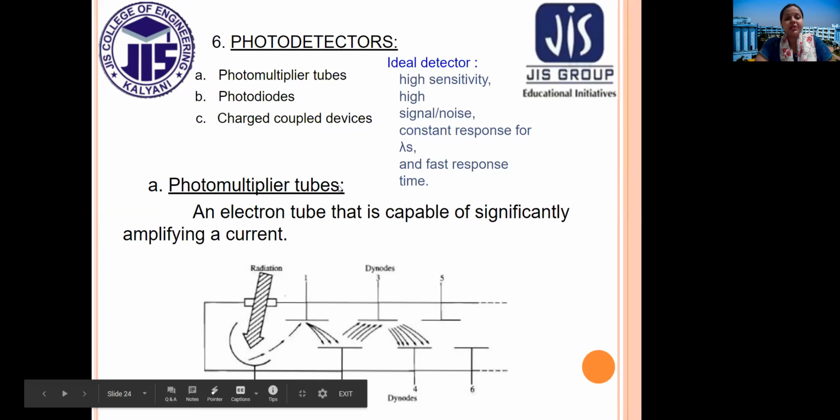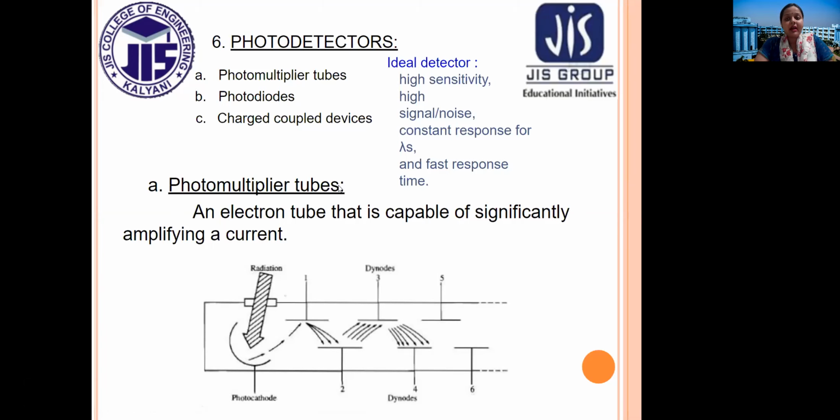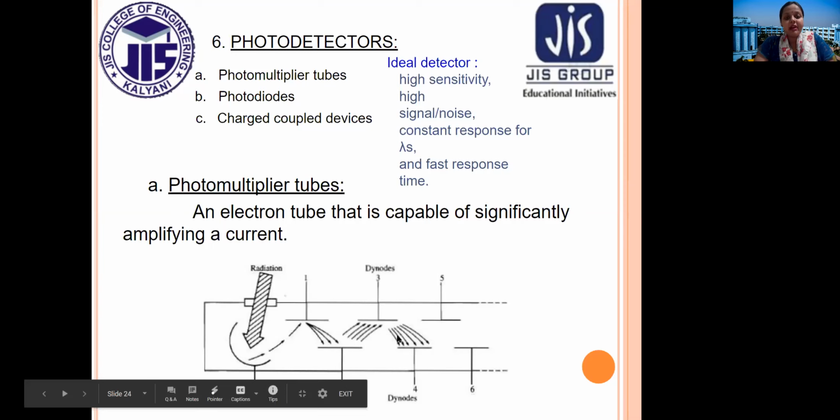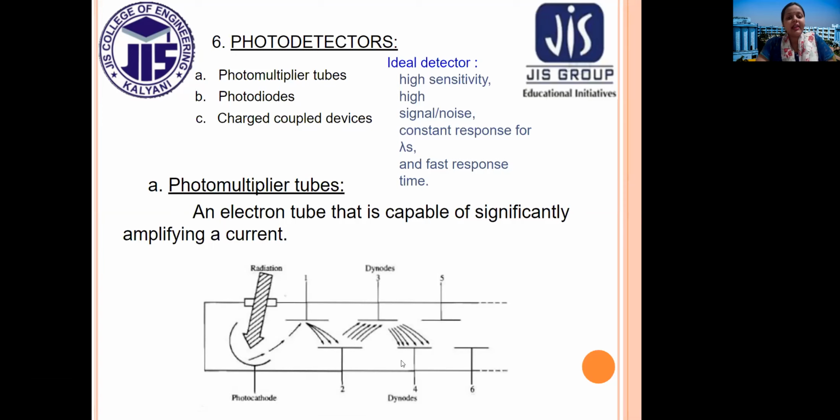The figure shown over here is the photomultiplier tube, an electron tube that is capable of significantly amplifying a current. Whenever only a minimum amount of current is available in a spectrophotometer, we need to use photomultiplier tubes.